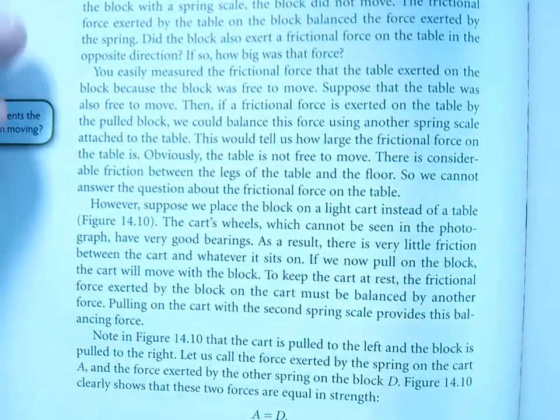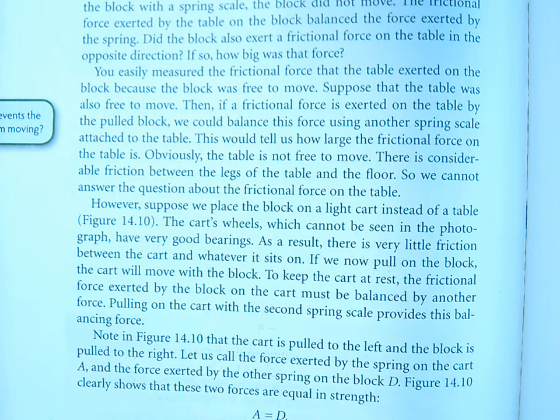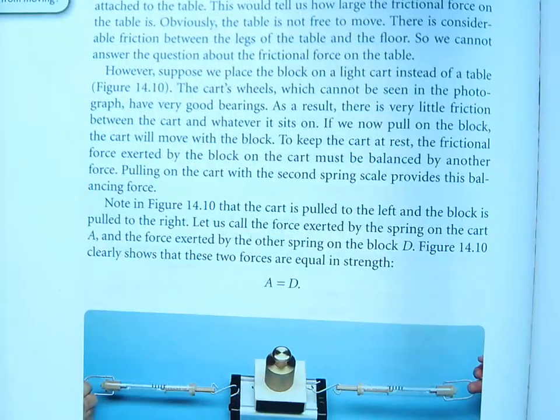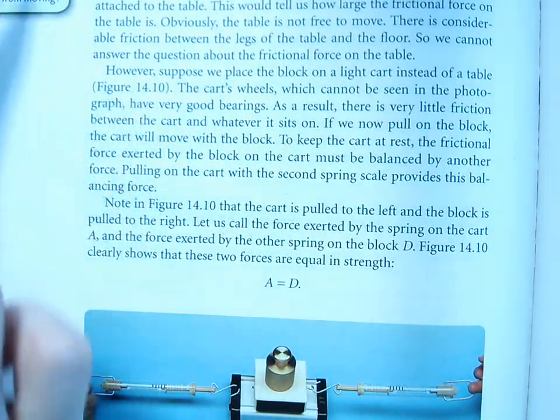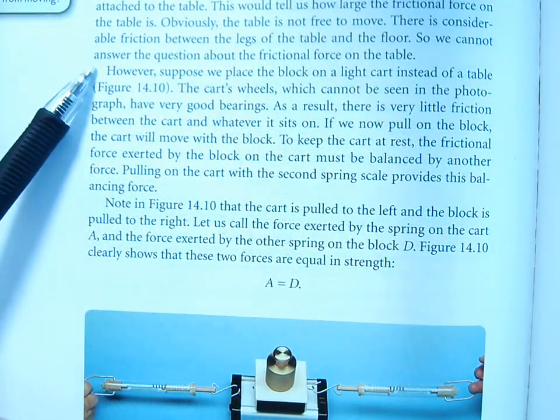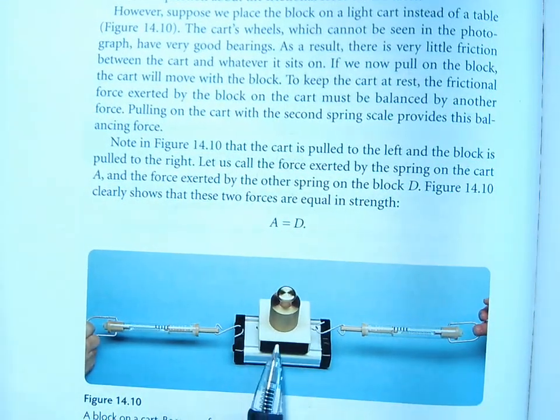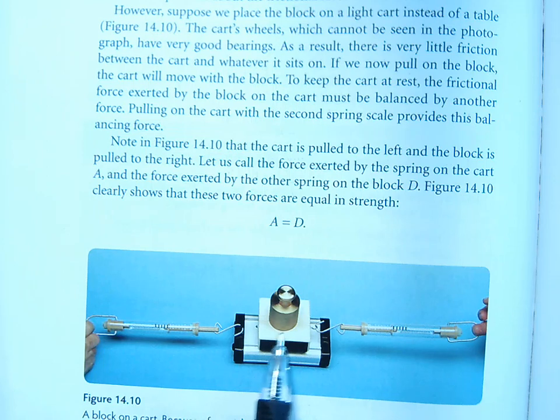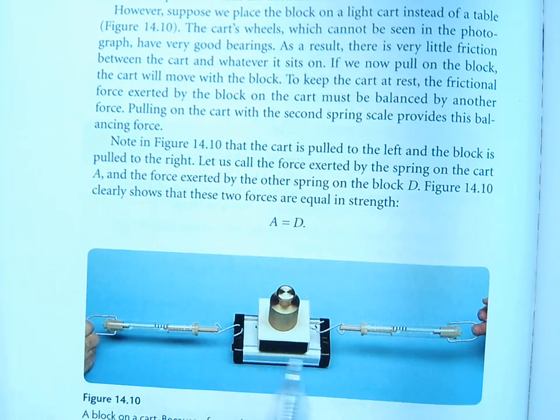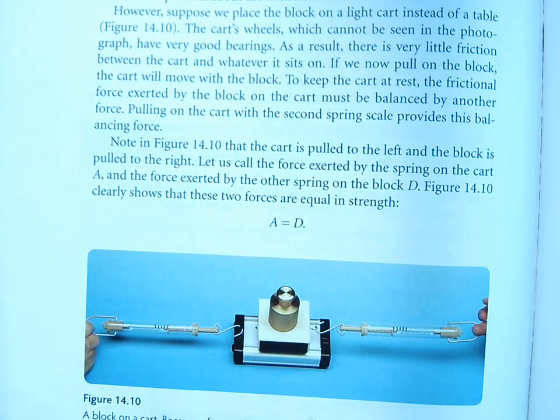Now, just to clarify a little bit of what's going on here with the reading, what they're doing from the beginning is trying to build up to Newton's third law to prove to you why it is what it is. So what they do is, let's see, I'm going to start kind of down here. So here's what they say. They take a block, which you're familiar with now, and they put it on this cart.